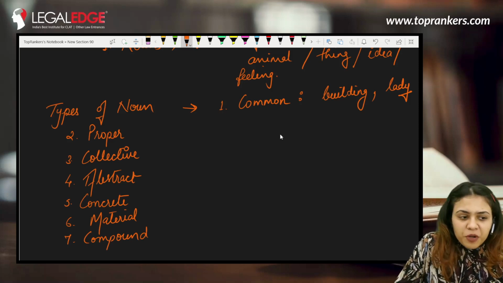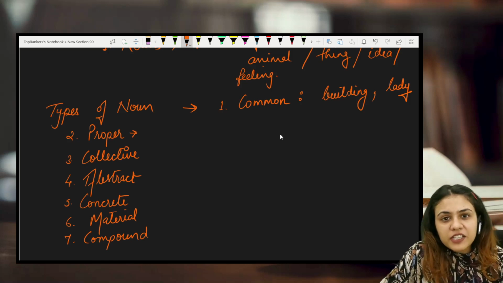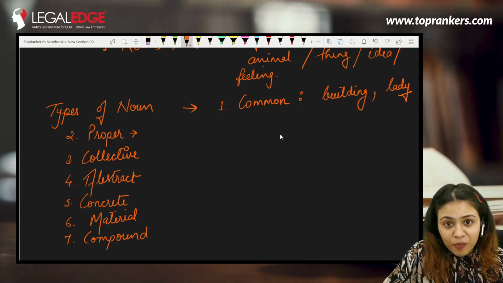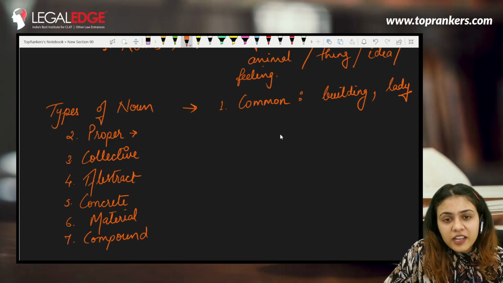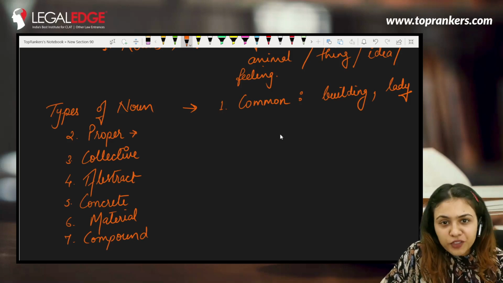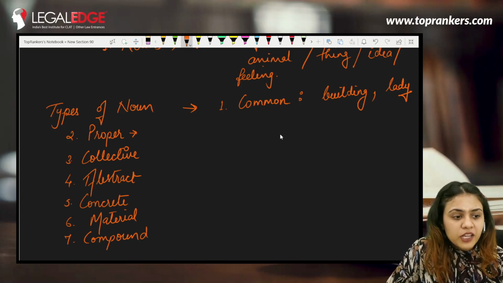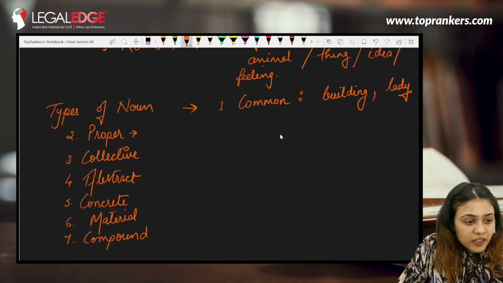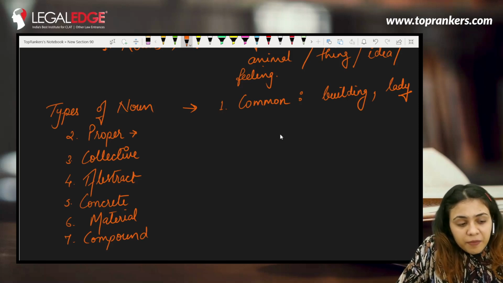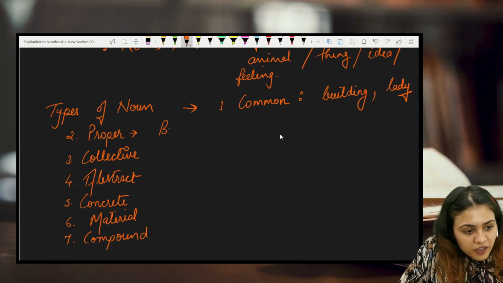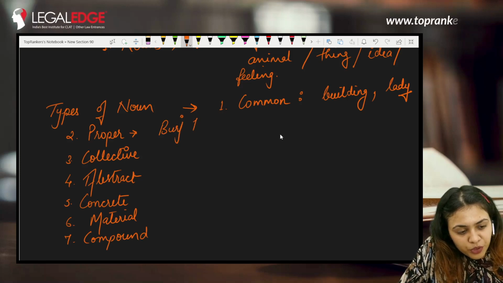But when I talk about proper noun, नाम से ही पता चलता है कि it has to be proper, it has to be specific. We need to be certain who we are talking about or what we are talking about. So when I say building, what if I give it the name Burj Khalifa?